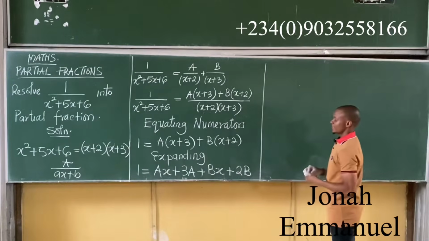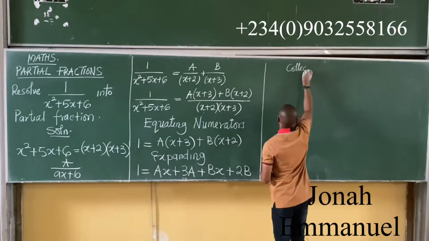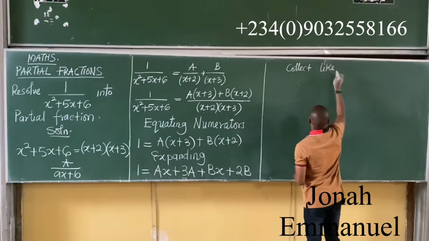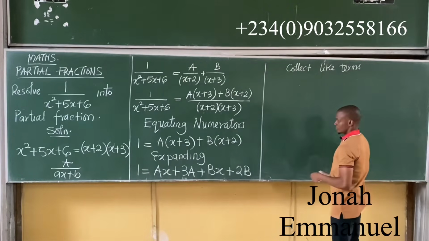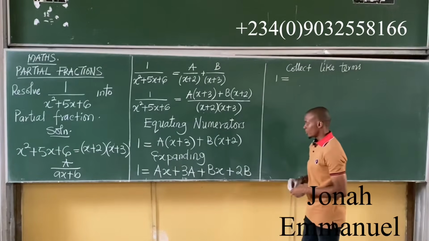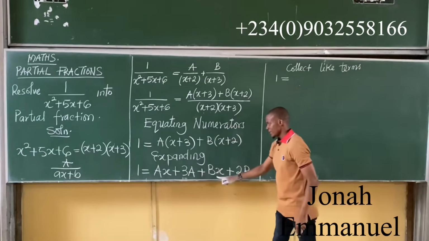My next task here is to collect like terms. So 1 is equal to, for like terms, I will collect the terms having x. This one has x, this one has x.